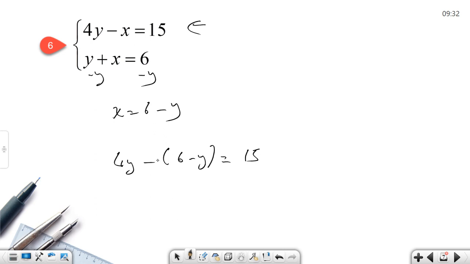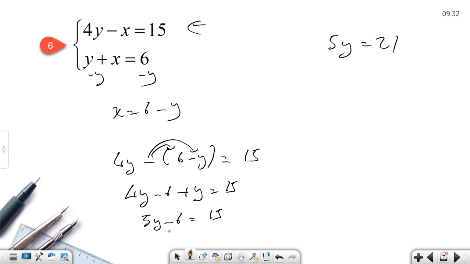Here be careful, this negative you need to distribute inside the parentheses. Negative times 4y, and negative times negative 6 gives positive, so 5y minus 6 equals 15. I don't have space, so I will continue from here.